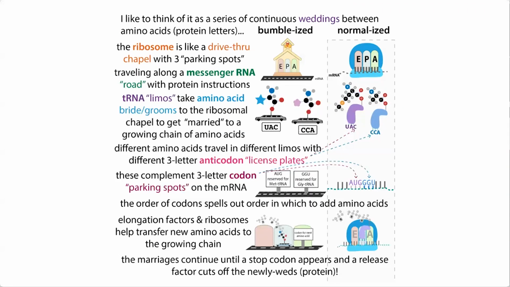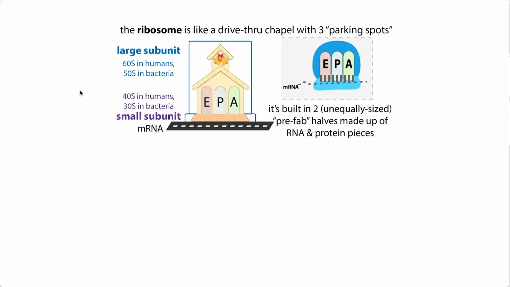Sometimes I like to think about it as a series of continuous weddings between amino acids, where our ribosome is like this prefab 2-part chapel. Then our tRNAs are like limos that are bringing in our brides and our grooms. And they park in these parking lots that are specified by the codons. And our elongation factors, these are like chaperone escorts that are going to be handling things.